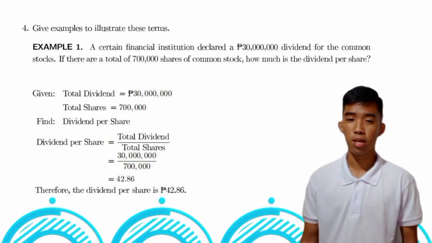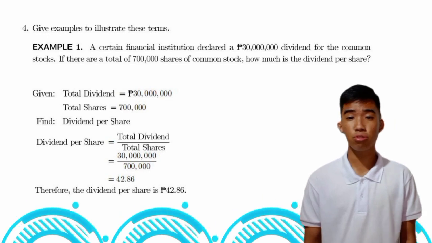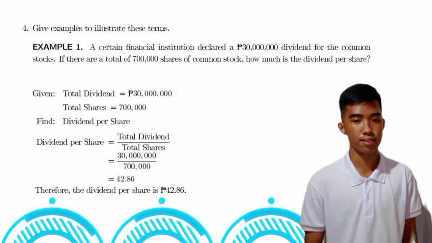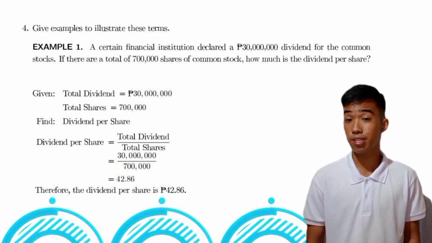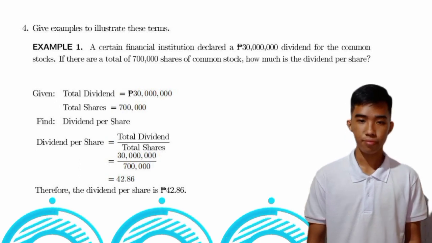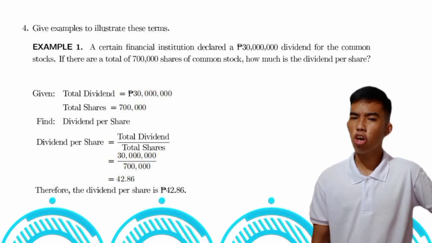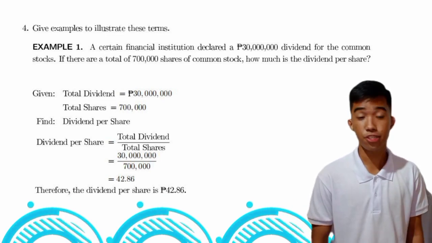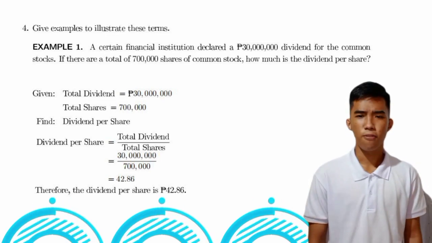Example number 1. A certain financial institution declared a 30 million pesos dividend for the common stocks. If there are a total of 700,000 shares of common stocks, how much is the dividend per share? Given, total dividend equals 30 million pesos. Total shares, 700,000.